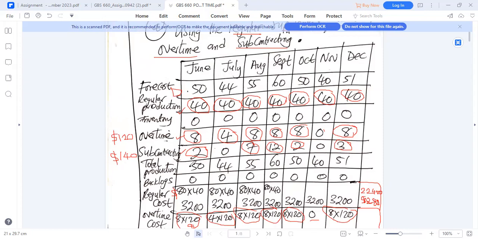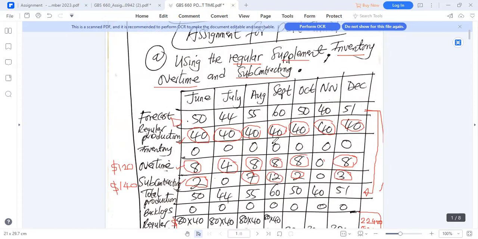production, which is coming to, we are producing as per demand. So we were producing as per demand based on the fact that we had the breakdown for regular production of 40 units. Then, of course, we had also the breakdown of overtime and the subcontracting, which should tally to giving us the total production units per given month.